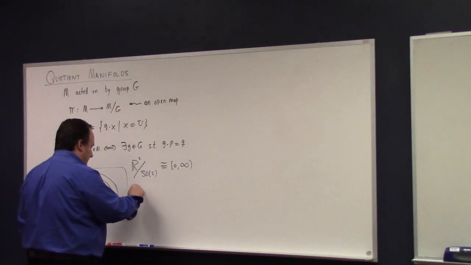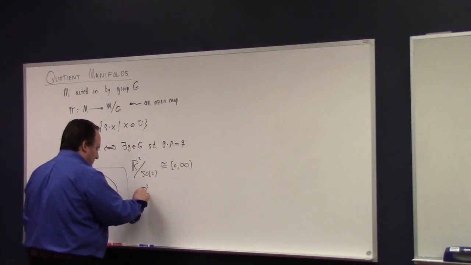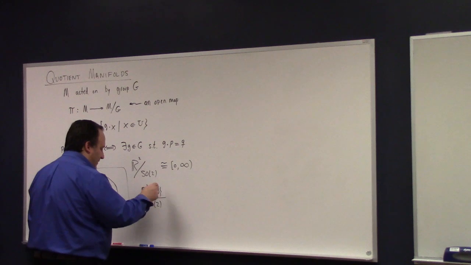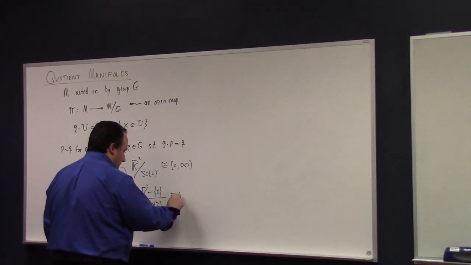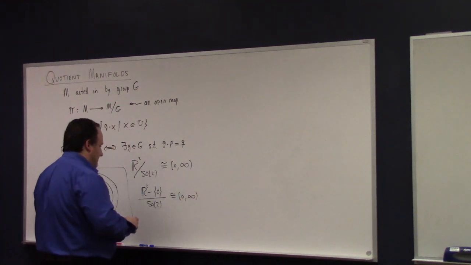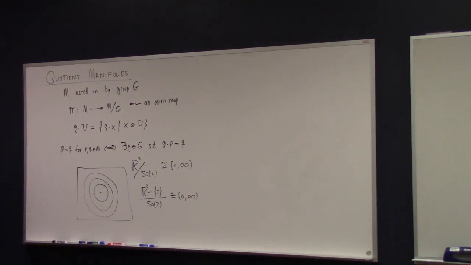If you throw out the origin, and you quotient by the natural group action of SO2 acting on the plane, you get 0 to infinity. That's an example of the quotient manifold theorem, I suppose.